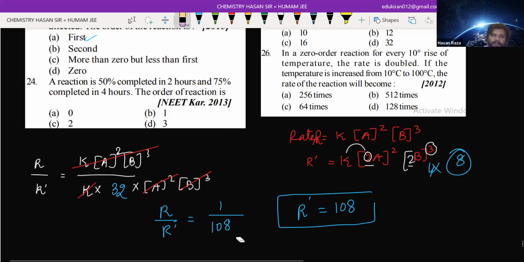So after multiplying you will get 32, and here it will be R dash. The new rate will be 32 times the old rate. 32 times the old rate. Got it, Humamuddin? Yes, got it.